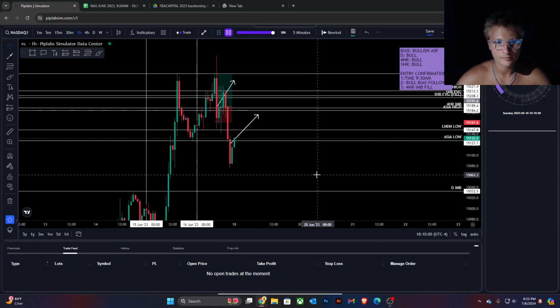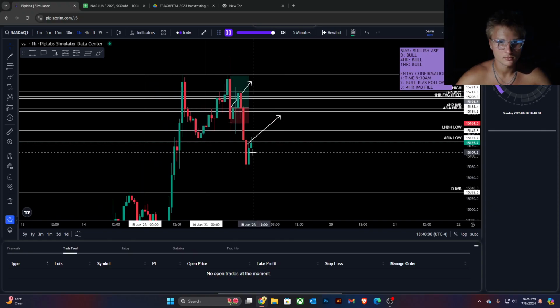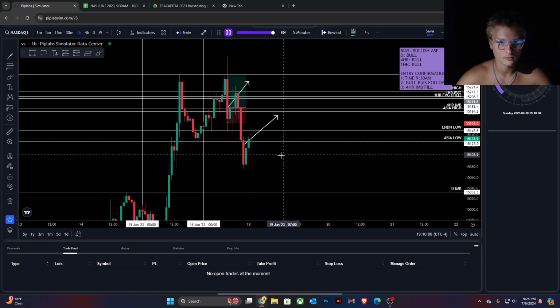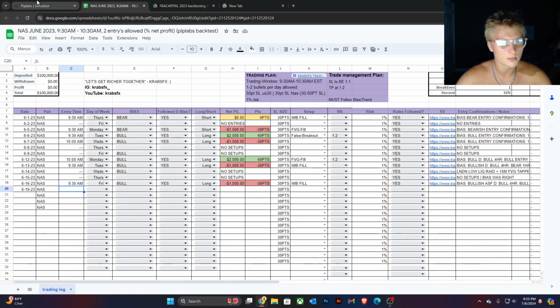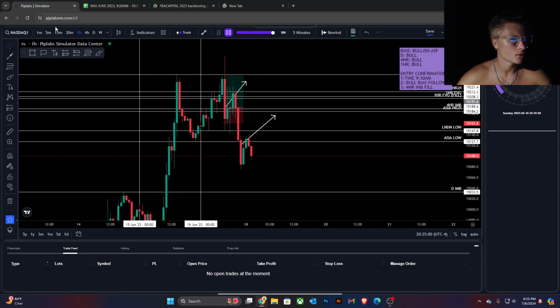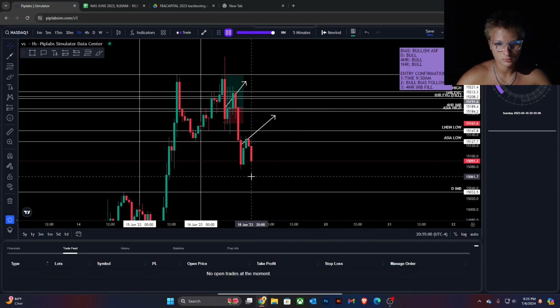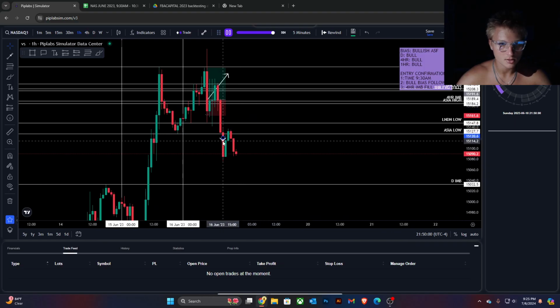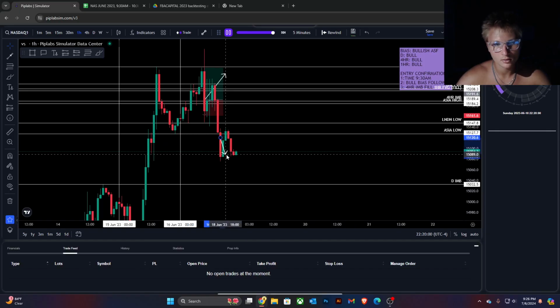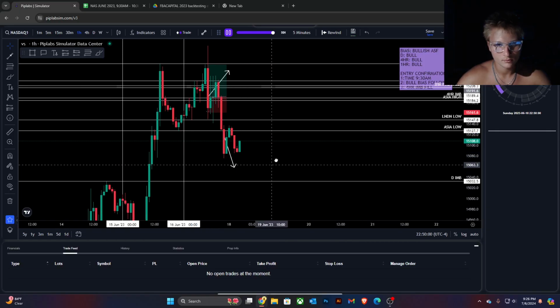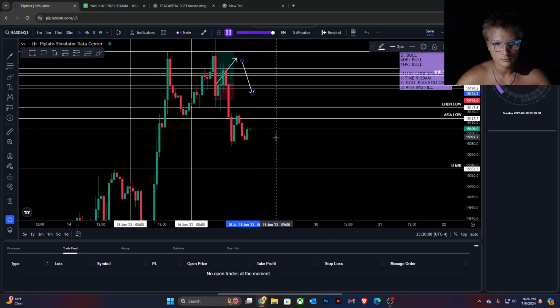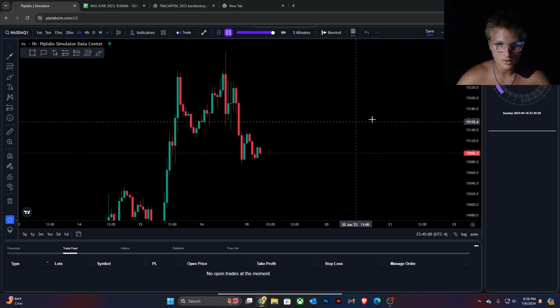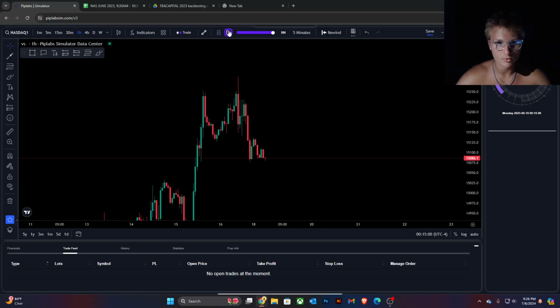And speed this up. So the next day here is the 19th, and this is a Monday. And now price is just consolidating over the weekend. But yeah, alright, so we're on to the next day. I'm going to skip over now.